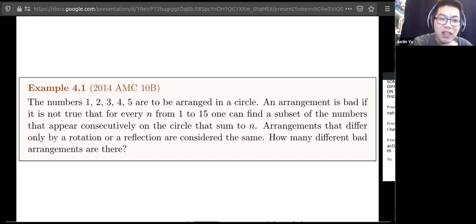Chord bash is fun, lucky you. And it turns out that if we account for rotations and reflections, because reflection is just division by 2, and rotation, there are 5 different ways to rotate it, so you divide by 5, there are only 12 different cases. So we can literally just test out every single case and see how many of them work.